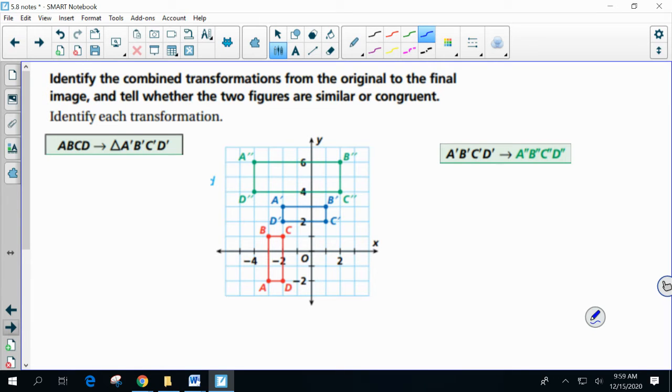Rotation. Okay, how did it rotate? To the left, to the right. AB went from being vertical to being left and right. It went to the right, which is what direction on a clock? Clockwise. And how many degrees did it turn? 90 degrees clockwise. How do you know that?